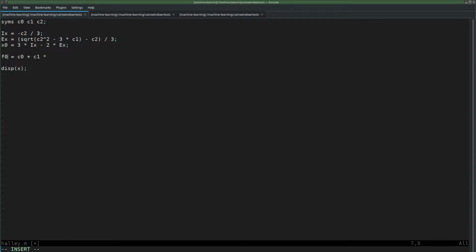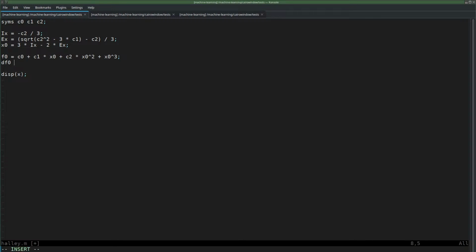And then we do f0, x0 plus c2 times x0 squared plus x0 to the power 3. And then f0 prime, or shall I do the derivative?